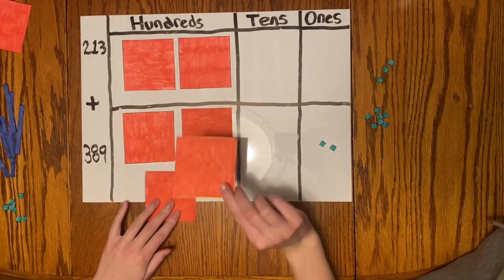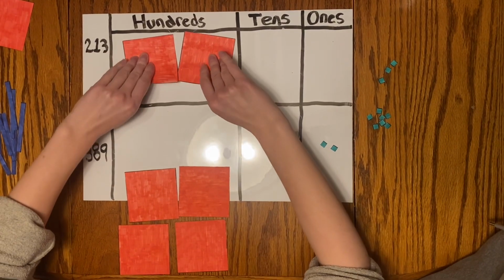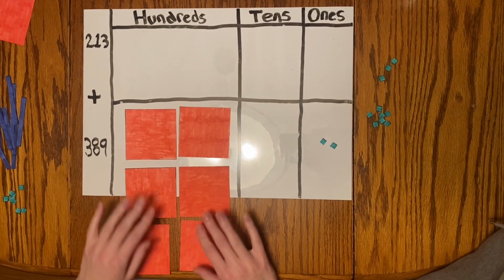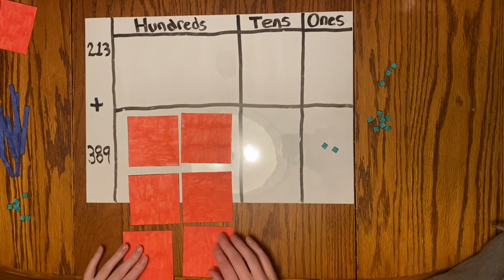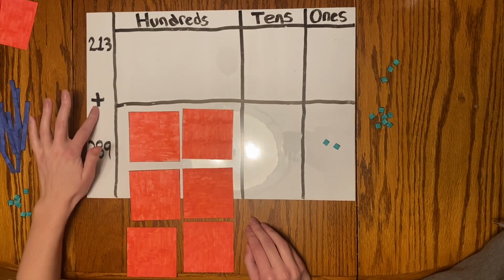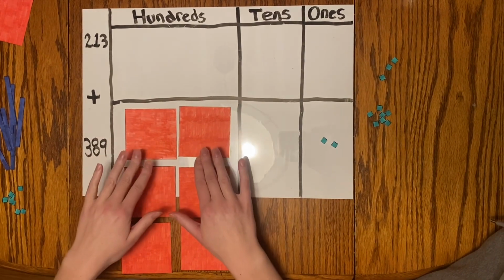Our board is a little bit small, but basically what we're left with is 6 of the hundreds and 2 of the ones. So that means that the sum of 213 plus 389 will leave us with 602.